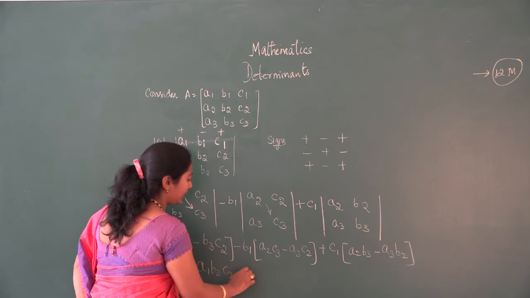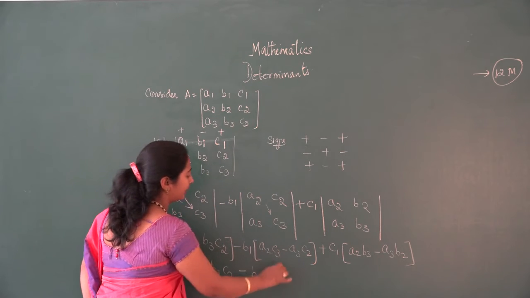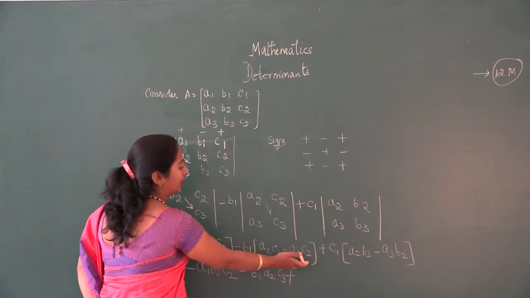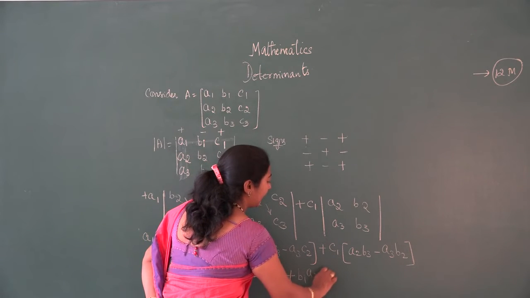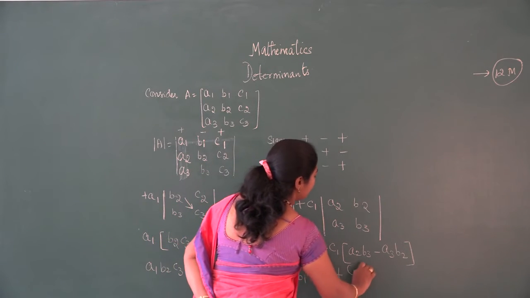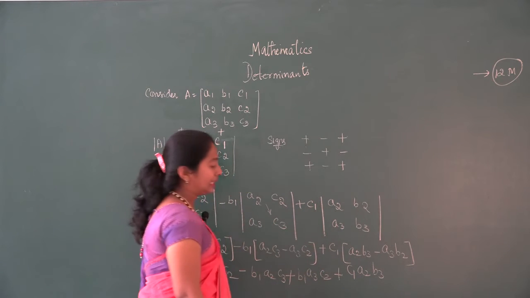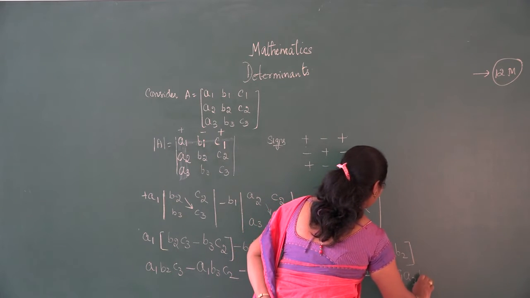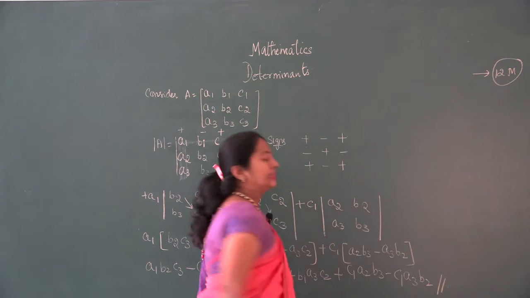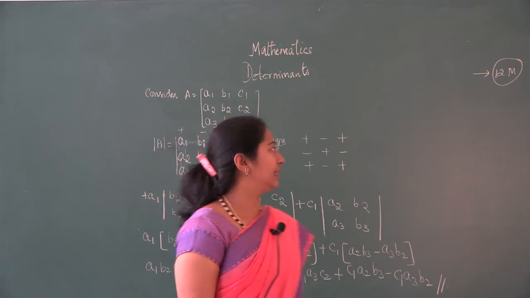Minus into plus will be minus B1 A2 C3. Minus into minus will be plus, so multiply these two with B1. We get B1 A3 C2 plus C1 A2 B3. Plus into minus will be minus C1 A3 B2. This is the value of the 3 cross 3 determinant.